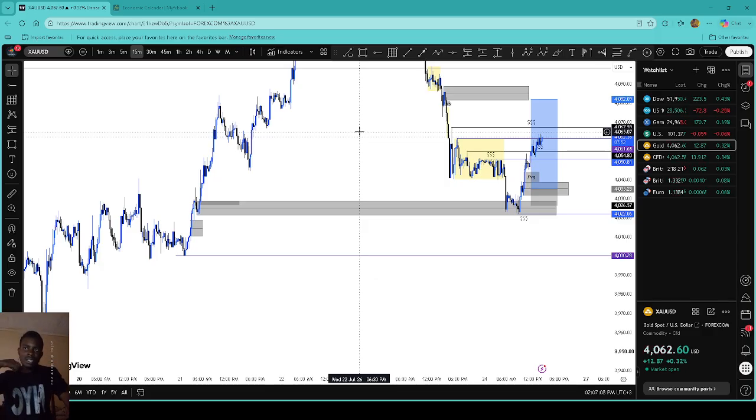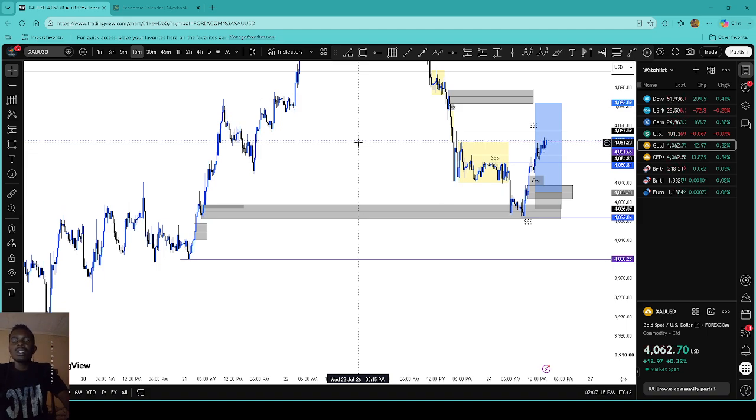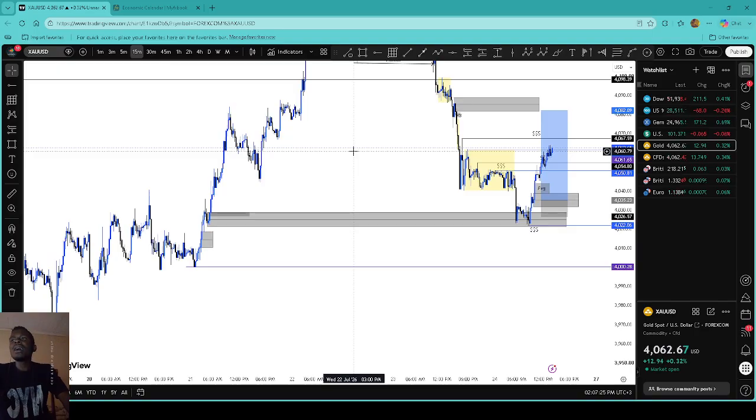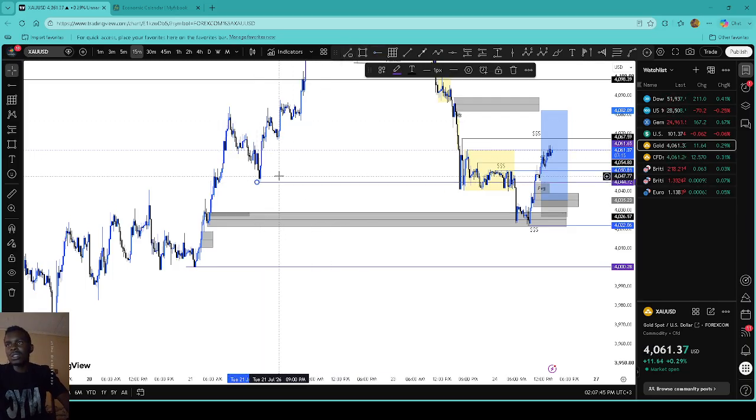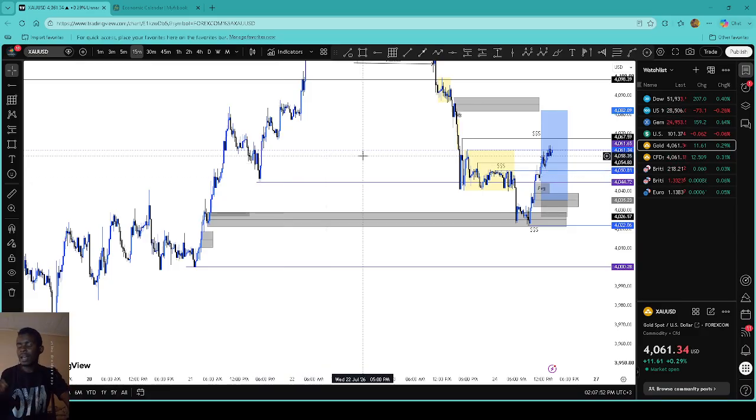Now that being said, it brings us to a point where we have to understand a certain concept called liquidity, where we have inducements. Inducements are more of, how will I put it, fake outs, which give traders early entries, and then later during the day or during the week the market will come back and liquidate the traders, or hit their stop losses.